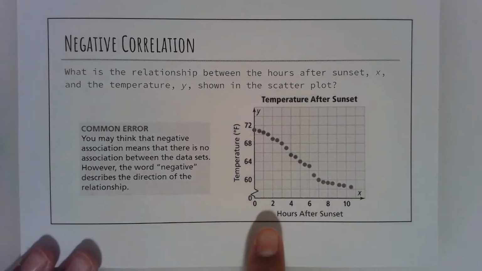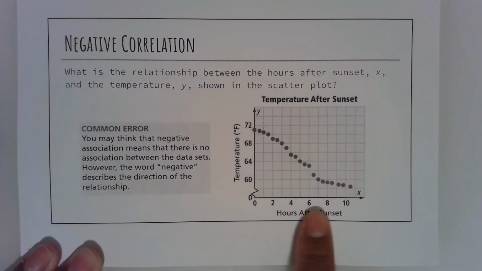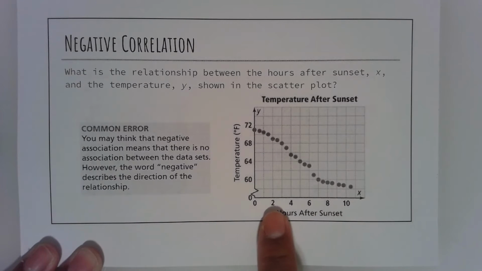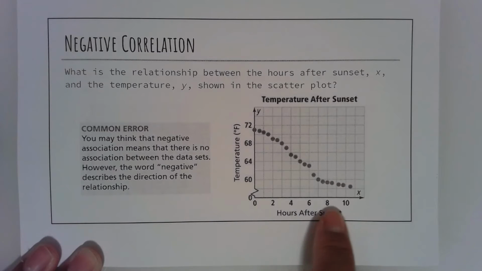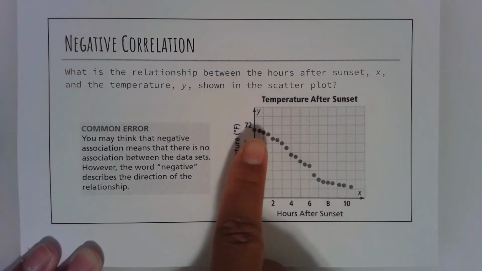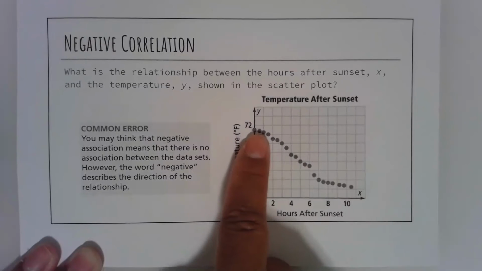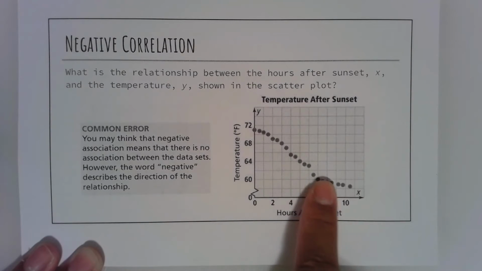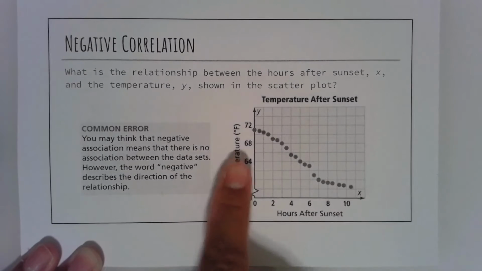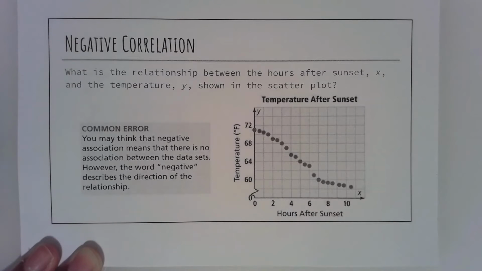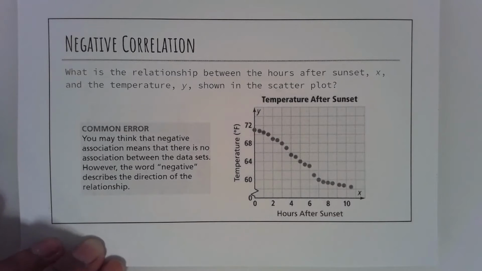So as the hours increase after sunset, so after 2 hours pass, 4 hours pass, 6 hours pass, you will notice that the temperature drops. Therefore, the relationship between the two variables, temperature and hours after sunset, is a negative one. Negative correlation.